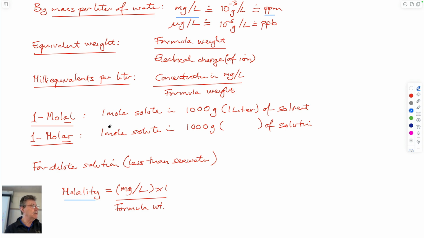In both cases, they're defined by the number of moles you have in solution, moles of a solute per amount of solution. The only difference is that this is moles of solute in a single liter of water, but this would be moles of solute in the complete mass of both solute and solvent combined.